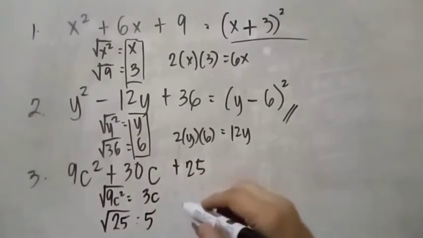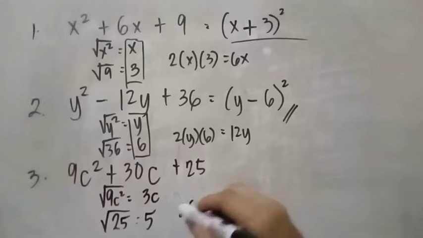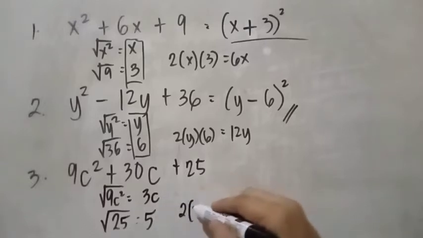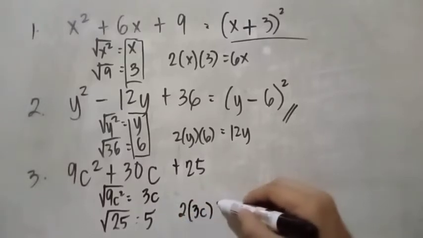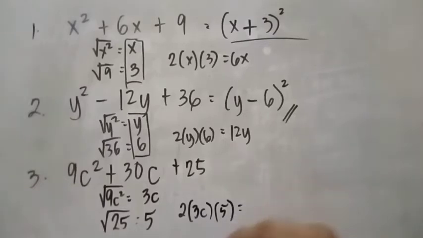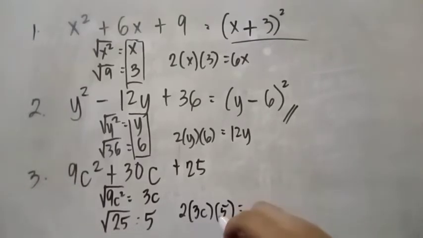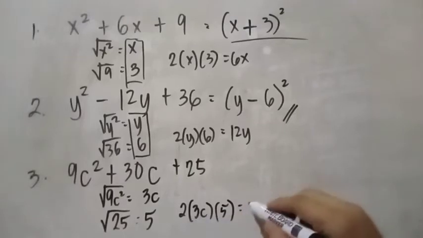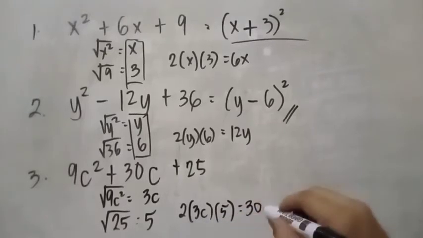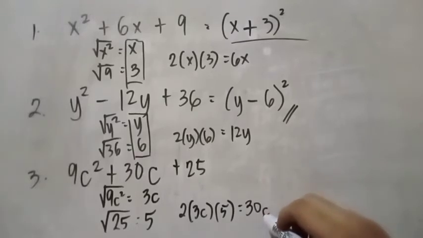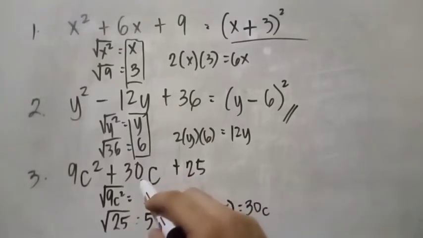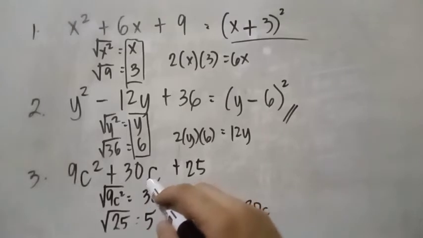And then, i-multiply natin yung 2 sa dalawang terms, 3c and 5. Okay? So, 2 times 3, 6 times 5, 30. Then, c. Yan, 30c. Which matches the middle term of the given trinomial.